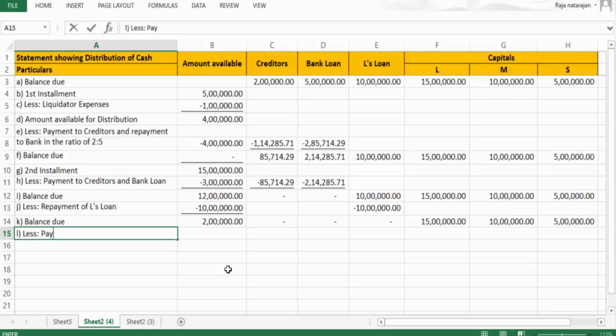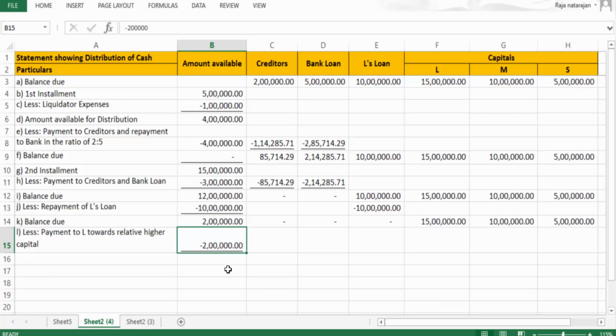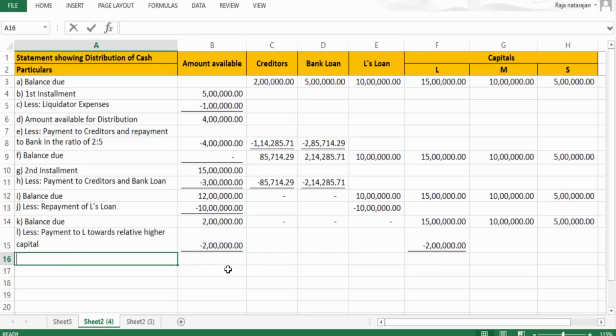Less payment to L towards relative higher capital, and that 2 lakh goes. It means this is fully paid off, right? It means now we can arrive at the balance due.